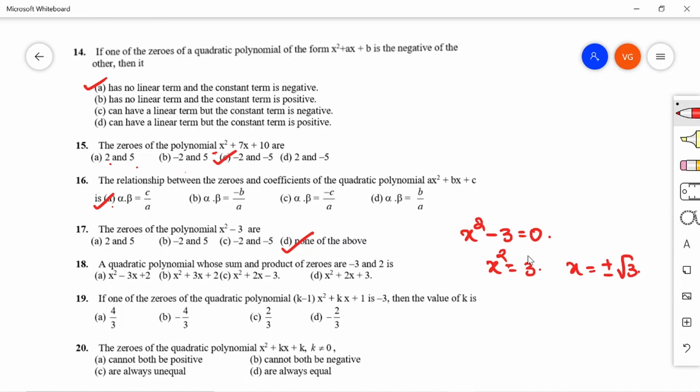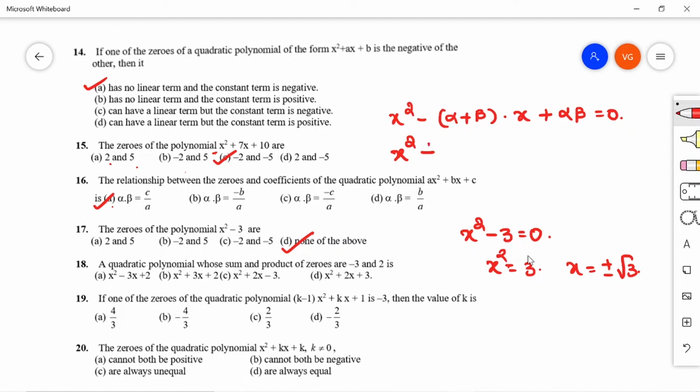Coming to question number 18. A quadratic polynomial whose sum and product of the zeros are minus 3 and 2. The formula repeated many times: x squared minus (sum of the roots) x plus product of the roots equal to 0 is the formula for the required quadratic polynomial. So x squared minus the sum of the roots, here minus 3 plus 2, that is minus 1.